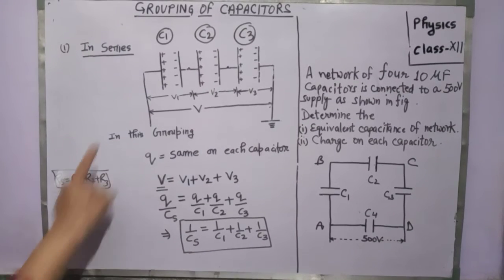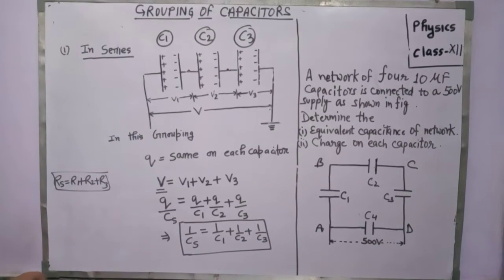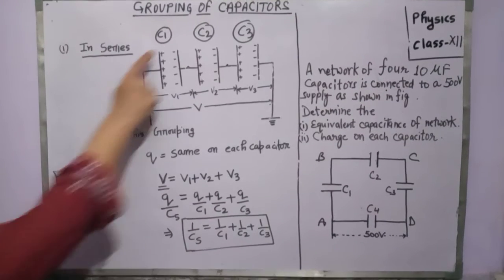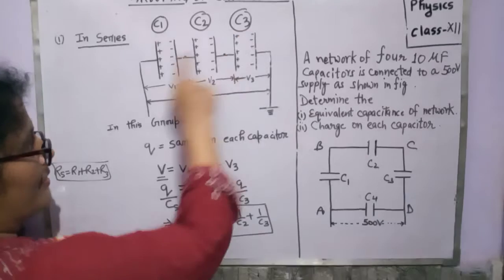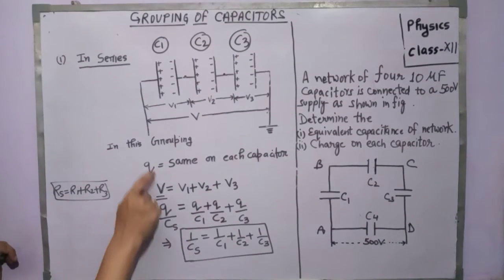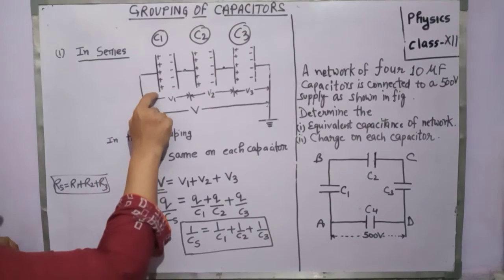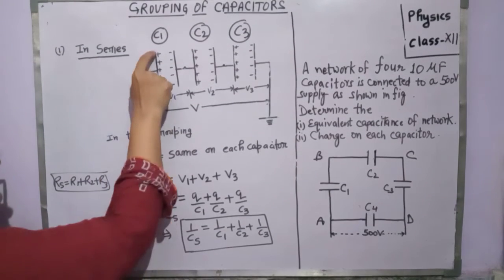Once again we have taken the three capacitors. The capacitances of the three capacitors are different, C1, C2 and C3, and they are connected in series. In series, Q is the same. Suppose we have given the charge plus Q to this plate.